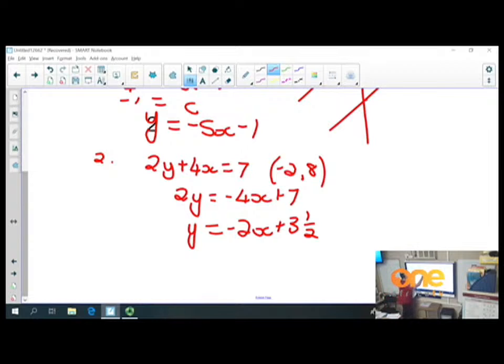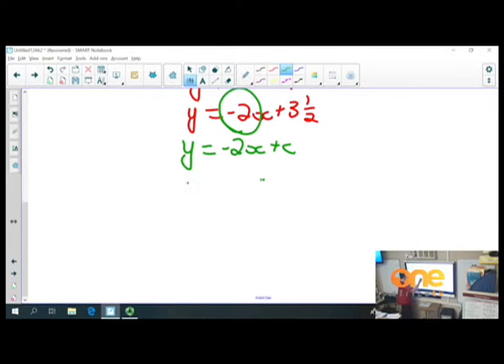So now all that I know at this stage is this is my gradient and they are parallel. So y is equal to negative 2x plus c. To find c, you substitute coordinates in there. So I will put 8, negative 2 in there. So 8 is equal to negative 2 times negative 2 plus c.